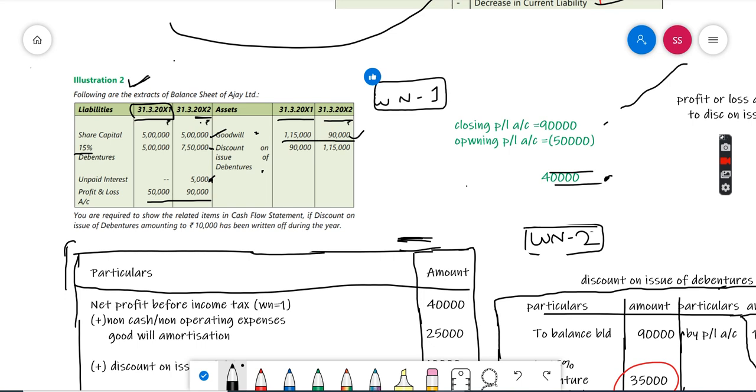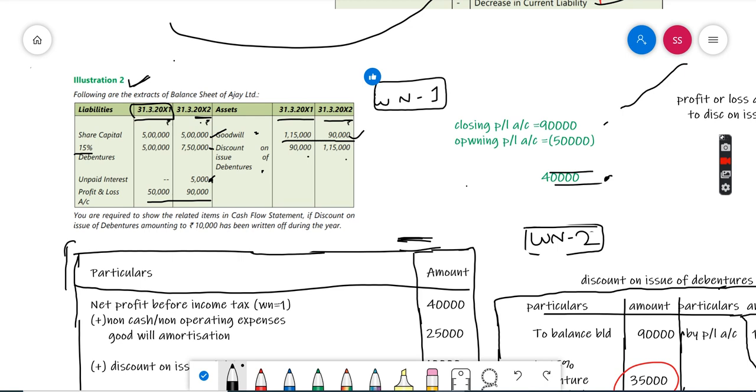And discount on issue of debentures. There is a change here also, right? So we need to find out what made the changes. Whenever there is a change between opening and closing, to get a better picture we need to prepare the ledger.